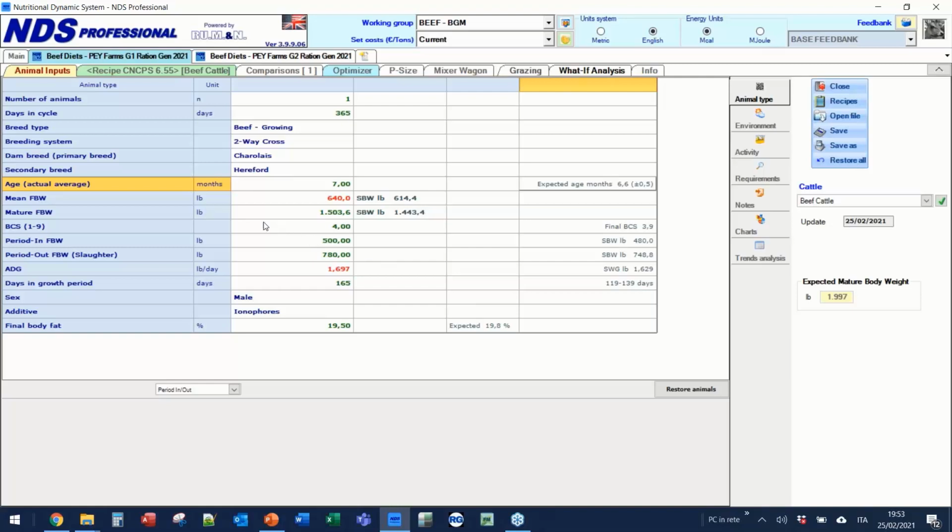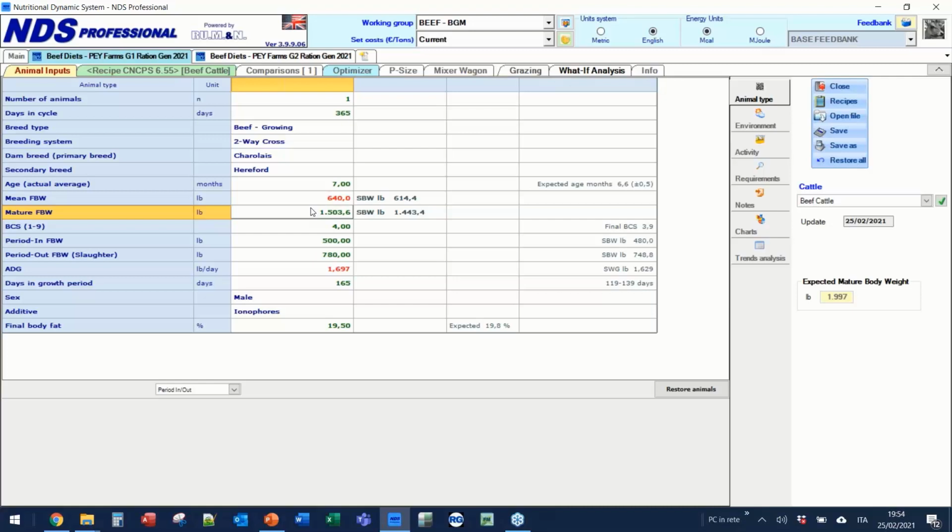So under this situation, basically, this input does not have a significant impact on the outcomes.